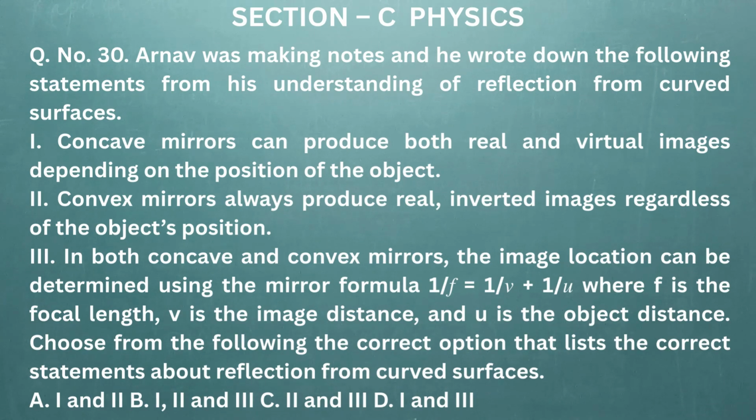Third, in both concave and convex mirrors, the image location can be determined using the mirror formula 1/f = 1/v + 1/u, where f is the focal length, v is the image distance, and u is the object distance. Choose from the following the correct option that lists the correct statements about reflection from curved surfaces.